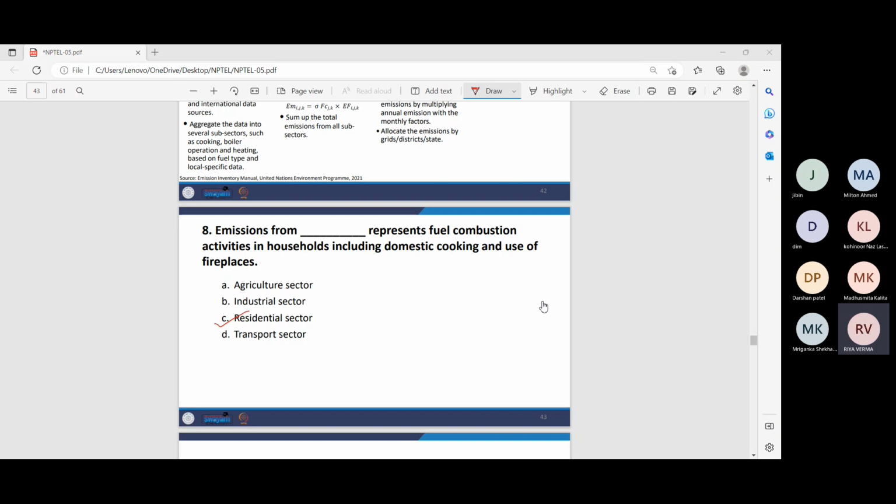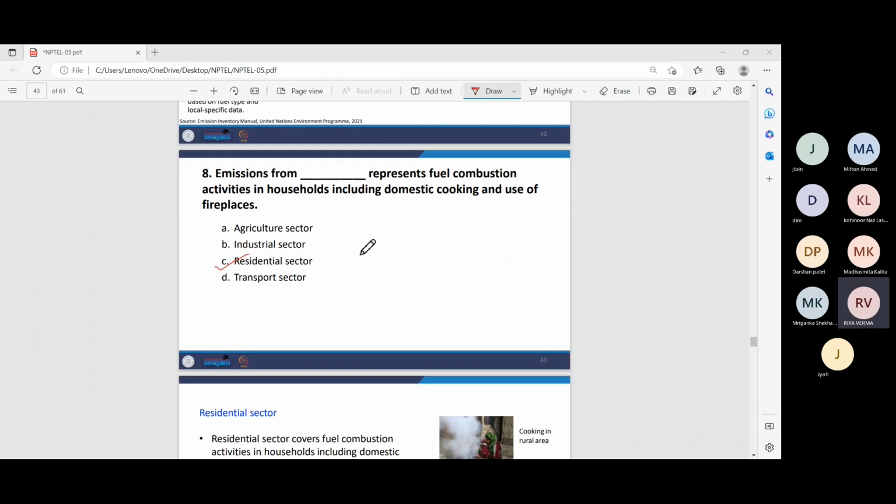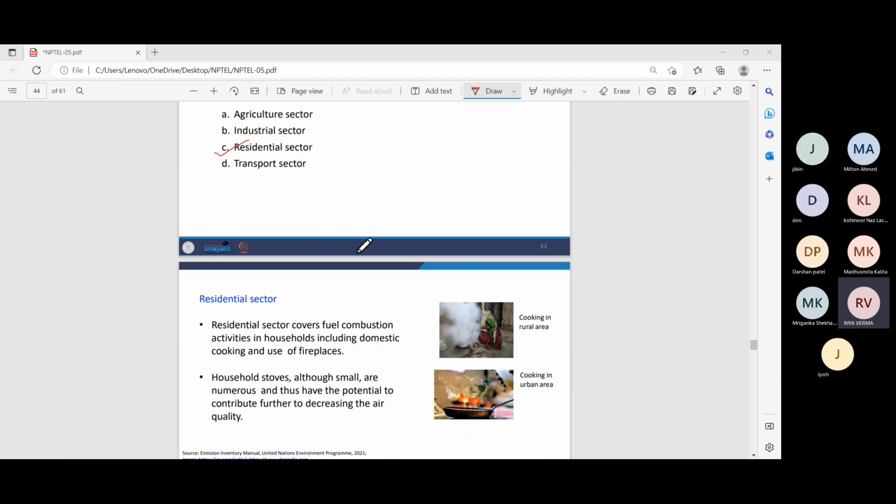So we can clearly tell the sources of pollution just by knowing the activities involved in any kind of sector. For example, let's take into account the residential sector. In the residential sector we have fuel combustion activities in households, including domestic cooking, and also the use of fireplaces in houses in the colder regions.